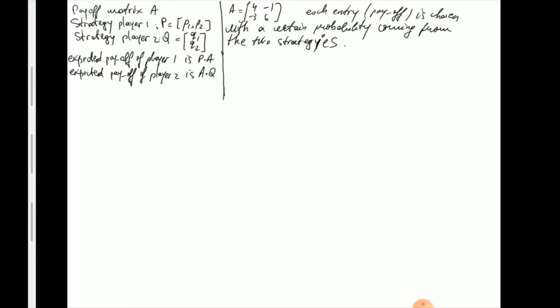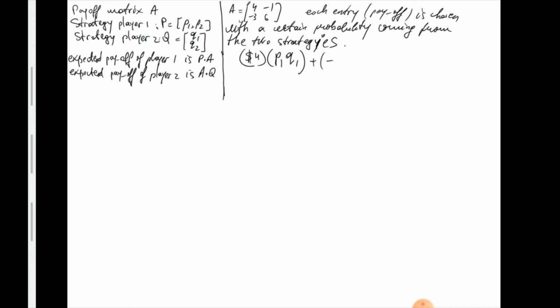So remember, row 1, column 1 is independently chosen by the two players according to probabilities P1 and Q1, right? So the overall probability of actually obtaining that payoff is the product of probabilities P1 and Q1. Remember, when you have independent events, you multiply the probabilities. So row 1 and column 1, which gives you the payoff 4, comes from probability P1 times Q1, because that's the strategy employed by the two players.